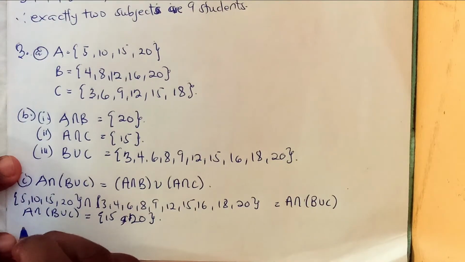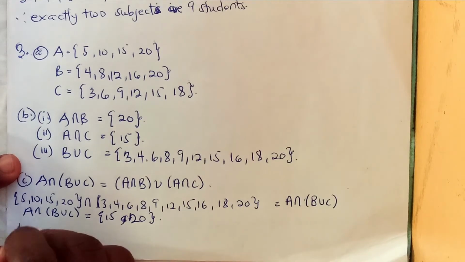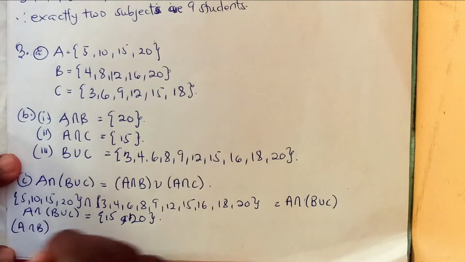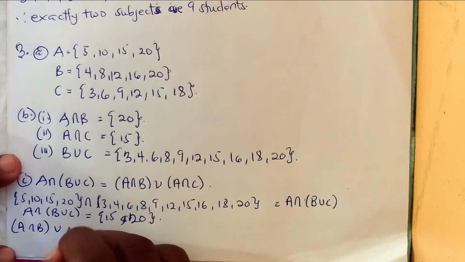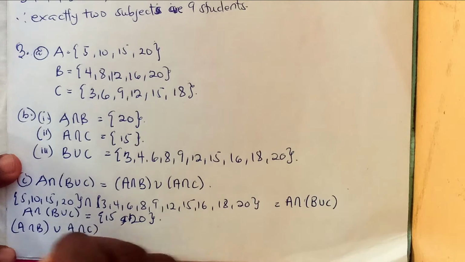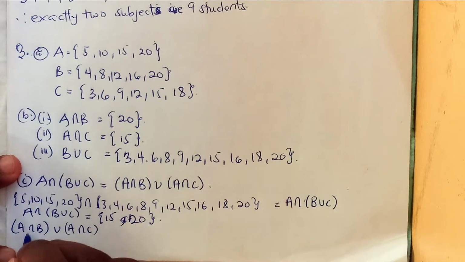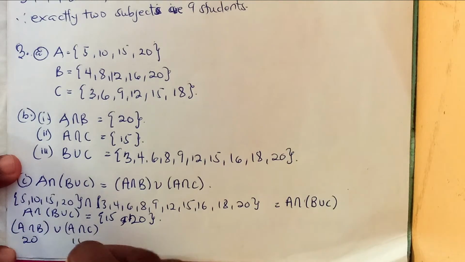That is A intersection B union A intersection C. What's A intersection B? We have 20 for that, and we have 15 for this.